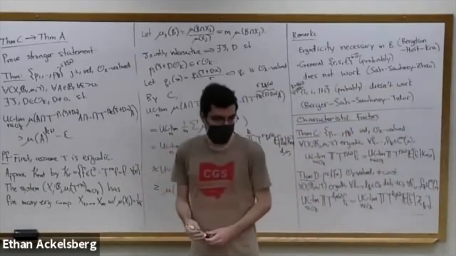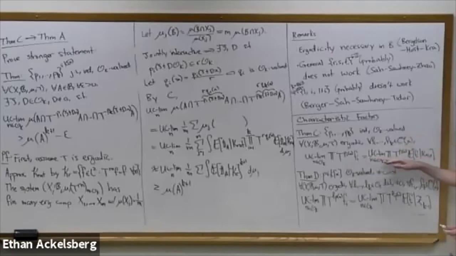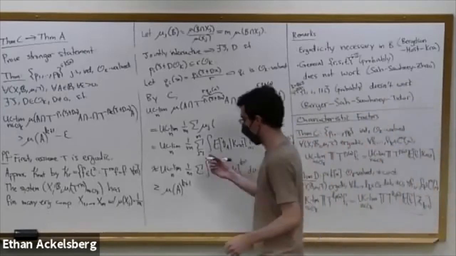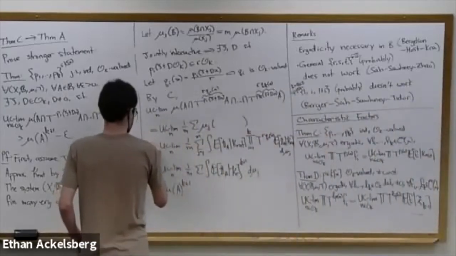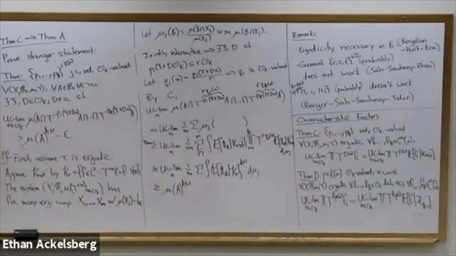Actually, how did we even reduce to just the rational Kronecker factor in the first place? That's theorem C. Oh. So theorem C says if you have an ergodic system, then the average is controlled by the rational Kronecker factor. So theorem C was right here. Yeah, so this is very similar to the first proof of Sarkozy.